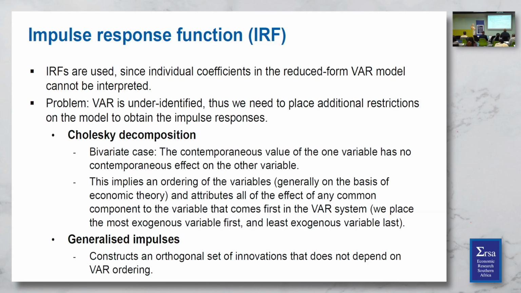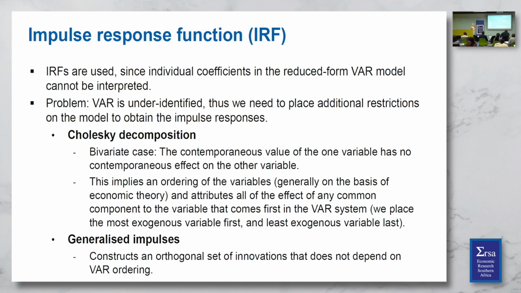So the reason why we place the Cholesky decomposition restrictions is because the VAR is under-identified. And the mathematics that we show there by placing restrictions on the B matrix is how we get it done. But all of that happens in the background.